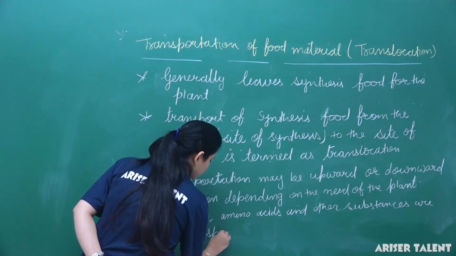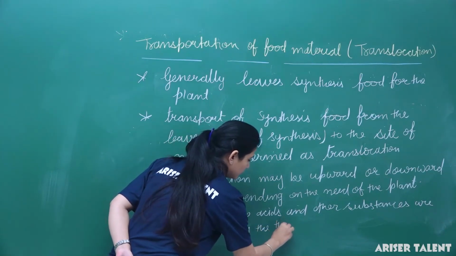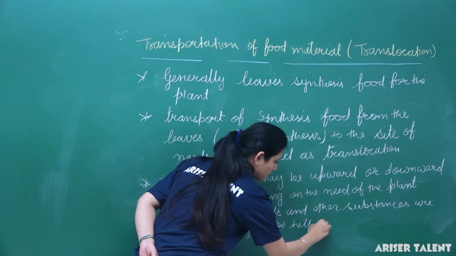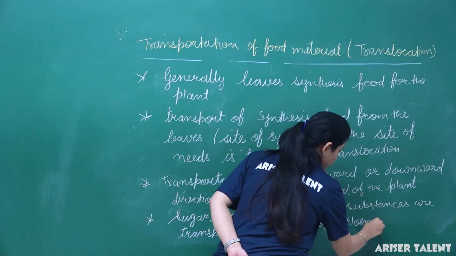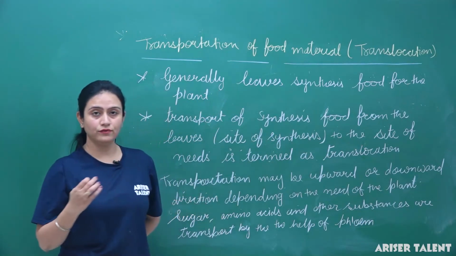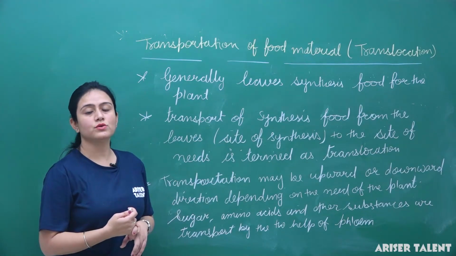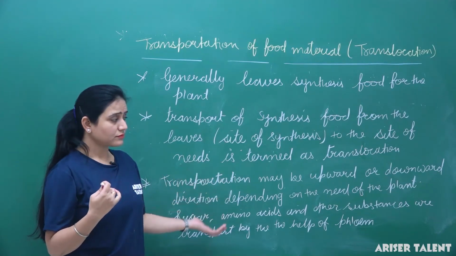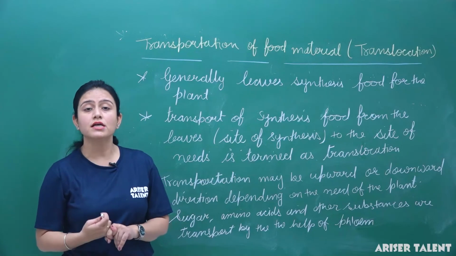Phloem has four different parts: sieve tube, companion cells, phloem fibers and phloem parenchyma, which we have already studied in class 9.